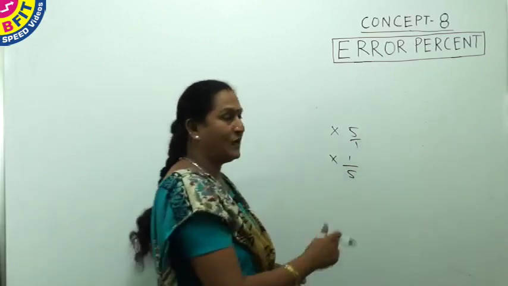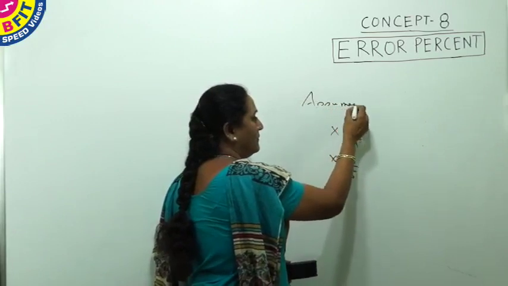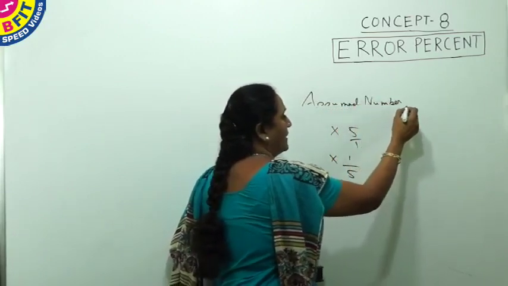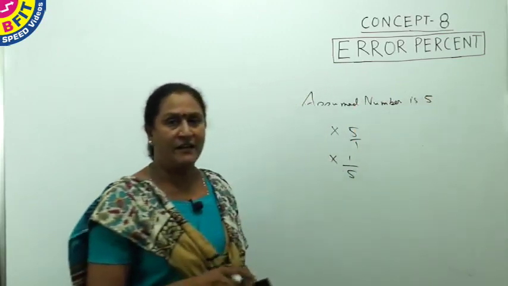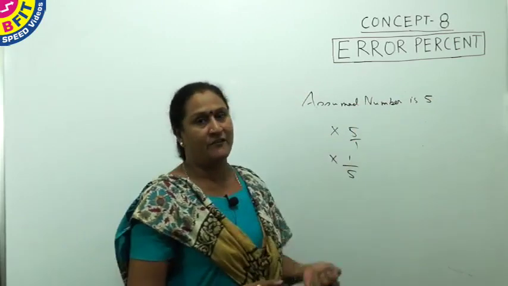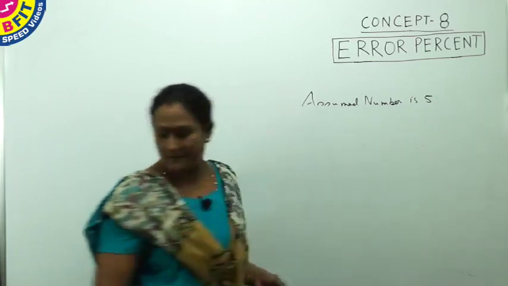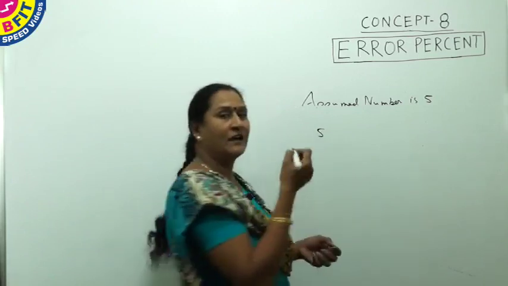So we'll assume that the assumed number is 5. Instead of taking 37.5 and working it out, we can assume the number is 5 and proceed. If the number is 5, what should be the correct answer?